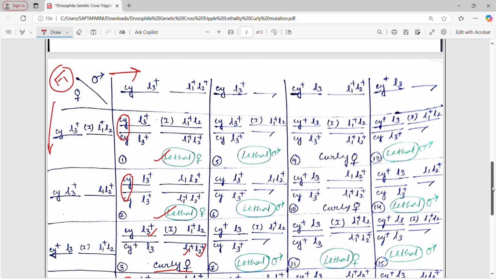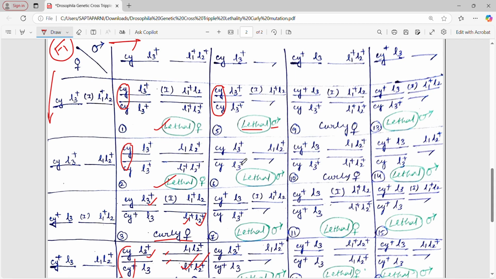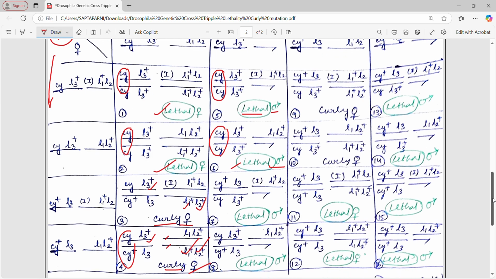Then next, as it has CY, obviously it is lethal, and as it has X and Y chromosomes, it is a lethal male. The next, as it has CY, it is lethal, and due to presence of X and Y, it is a male progeny that could not survive.